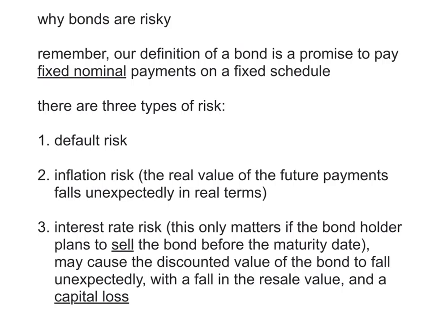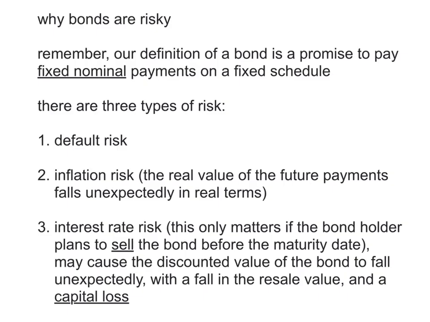This number 3 point is the hardest one to understand, and that's why the textbook has an example. This interest rate risk is greater when you're dealing with a long-run bond, a bond with a very long maturity. The reason is that the longer the maturity of the bond, the greater is the risk of an unexpected interest rate increase or decrease.